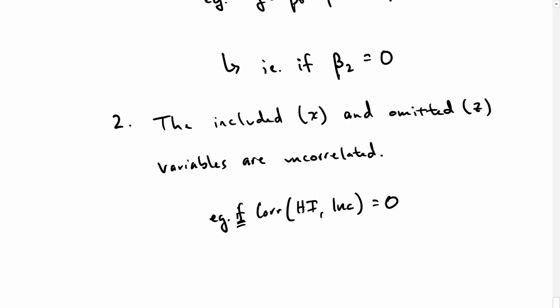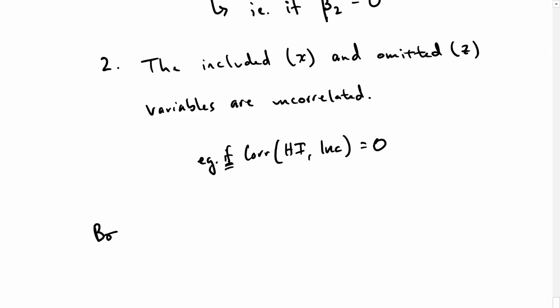Okay, so the probability of both 1 and 2 existing is highly unlikely.